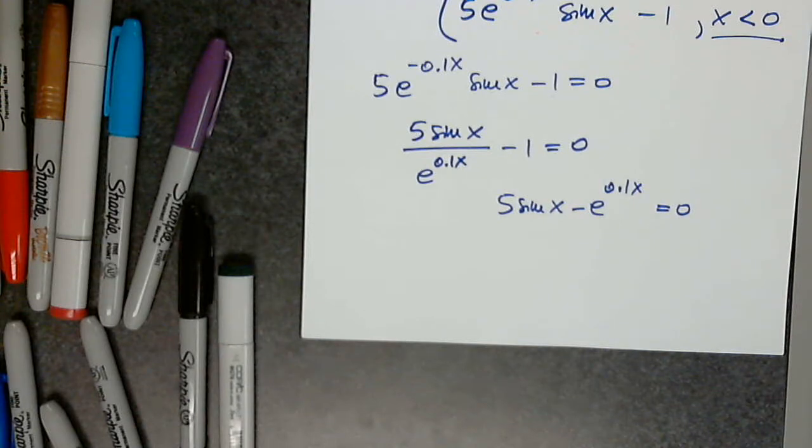Let me go further to the right as far as I can to x, let's say 100, and let's see if at some point it should exceed 5. E to the 0.1x should exceed 5 and move away from 5 sine x. So the red graph is coming up. Okay, so this equation clearly for x greater than or equal to 0 has 1, 2, 3, 4, 5, 6 solutions. So 6 different x values that are positive.